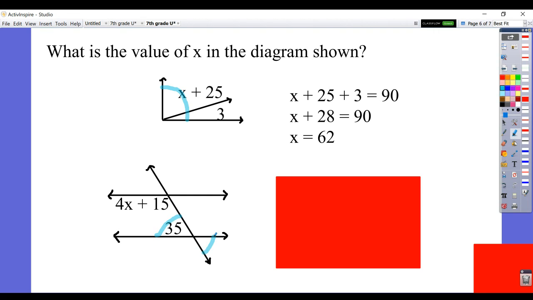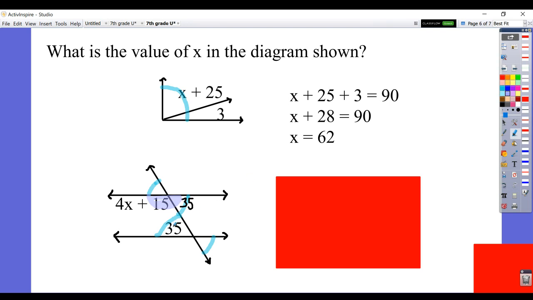But what we didn't talk about that's also true is when you have parallel lines like this, this angle and this angle are also 35. Now, why is that helpful? Well, because if this angle is 35, and we know this angle is 4x plus 15, then we can solve that pretty easily because these two together make a straight angle, right? They make a straight line.